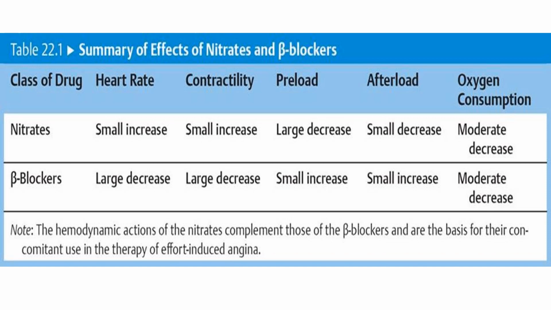Everywhere up till here, you can see there is a balance between the effects of these two drugs. Now coming to oxygen consumption, we have the major target achieved, that is a moderate decrease in oxygen consumption, and this is the target of anti-anginal drugs.